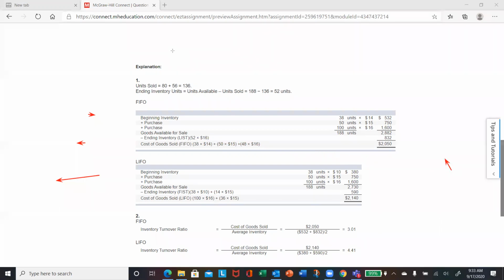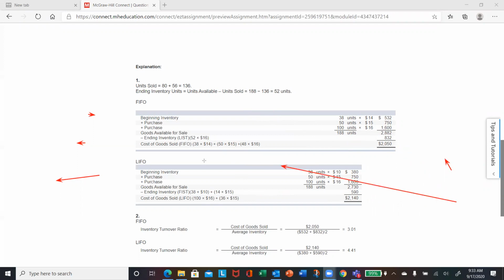So if you go back and look at this summary right here, they sold 136, and essentially that would take you into that last cost pool. So the only thing that's left is this last cost pool at 16. And so that's what they're showing you right there. So if that's your ending inventory, the difference there would then give you your cost of goods sold.